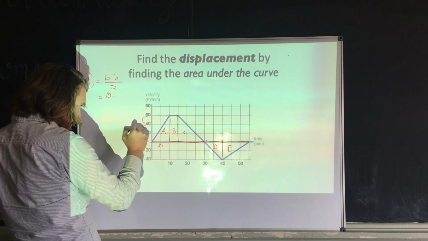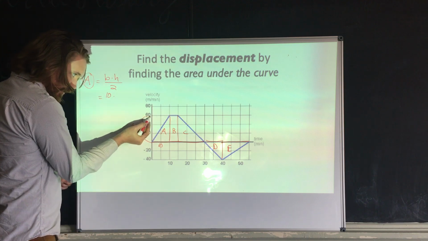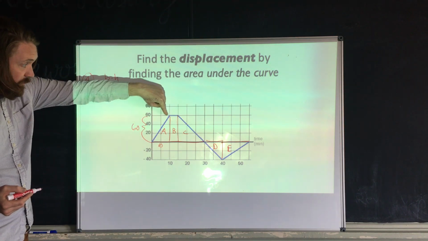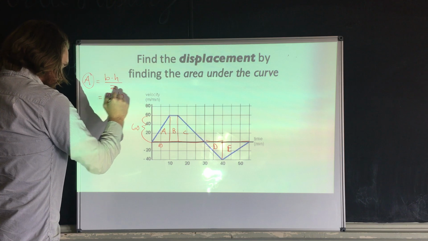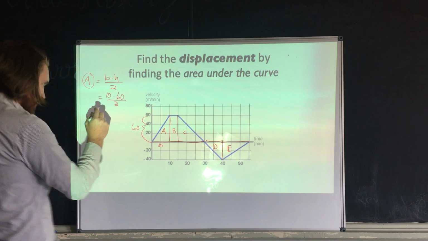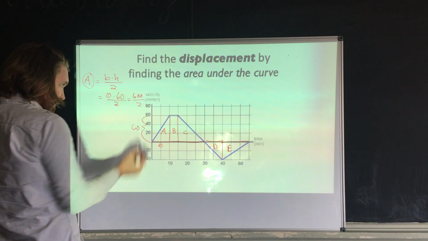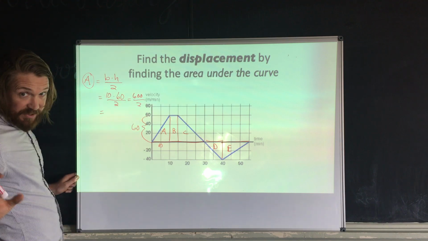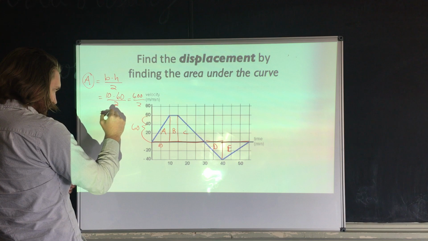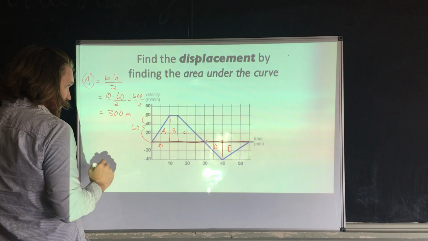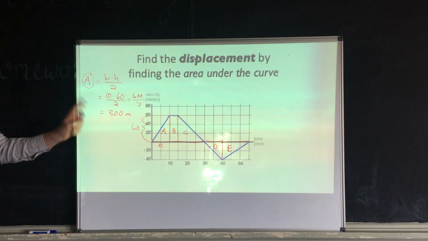My height goes all the way up to here, so my height is 60. Divide that by 2. This gives me 600 divided by 2. And again, I like to do all my pieces individually. 600 divided by 2 is 300, and that's meters.